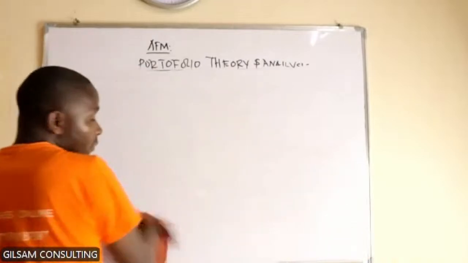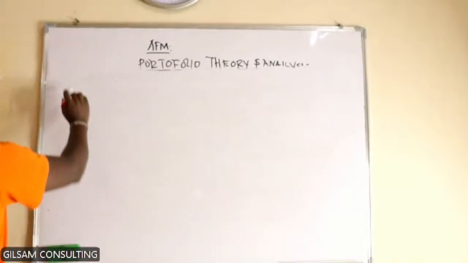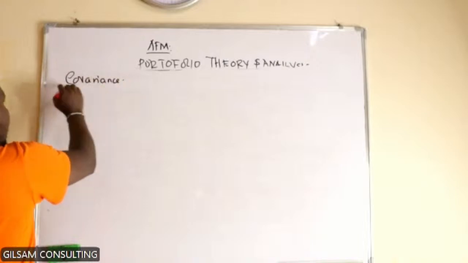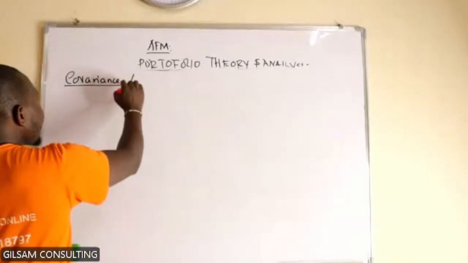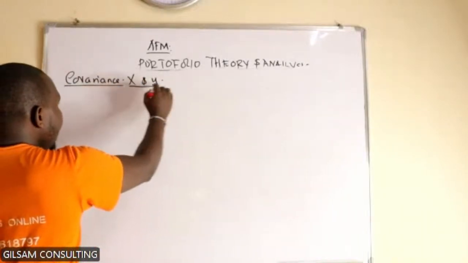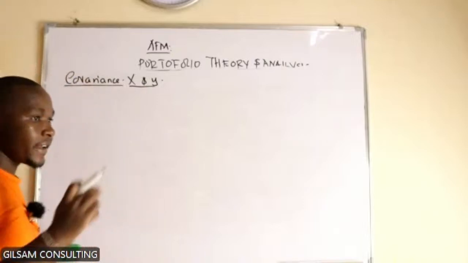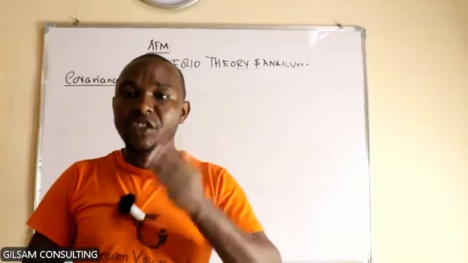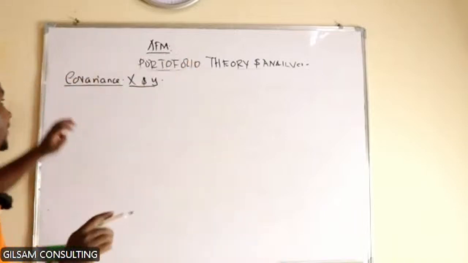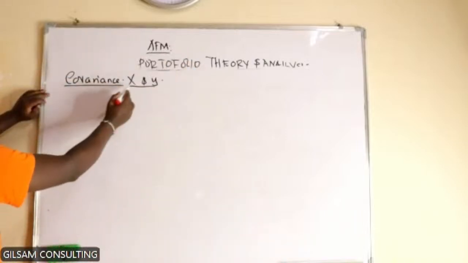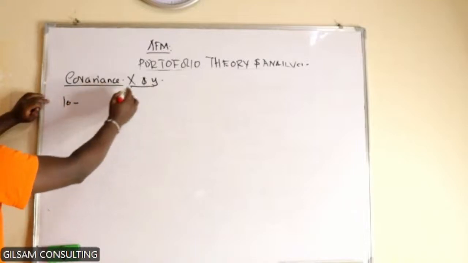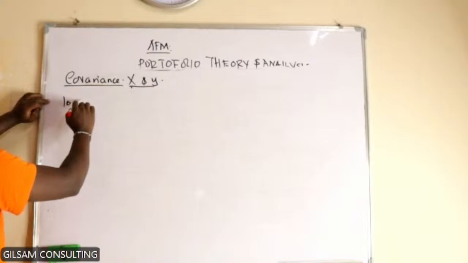So now let's get the weights. Let's get the weight of X. The covariance of X and Y is a shared variance. So for the covariance, you take the return for X, 8, minus the expected return, 16.